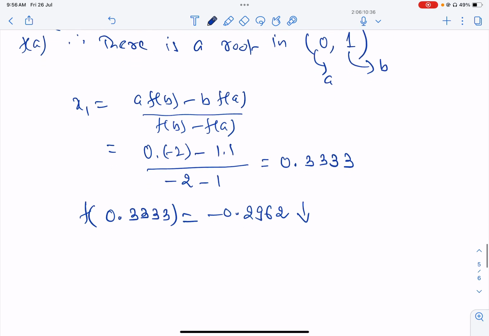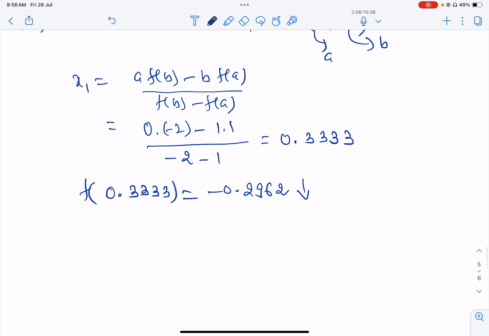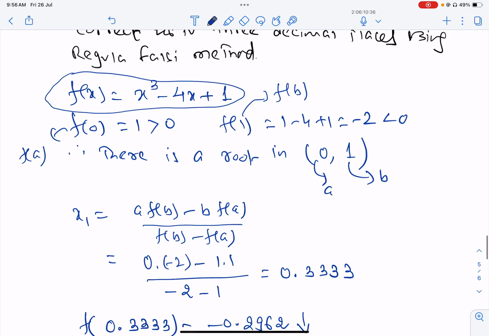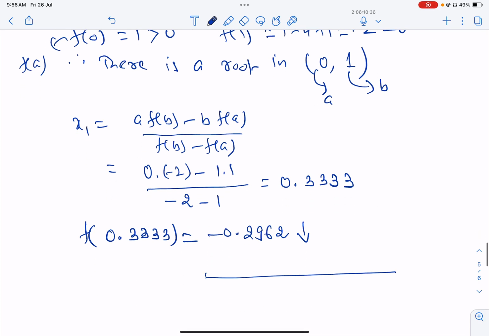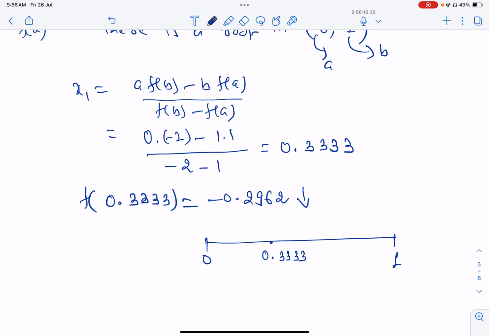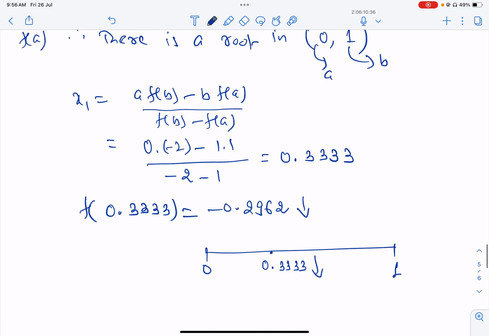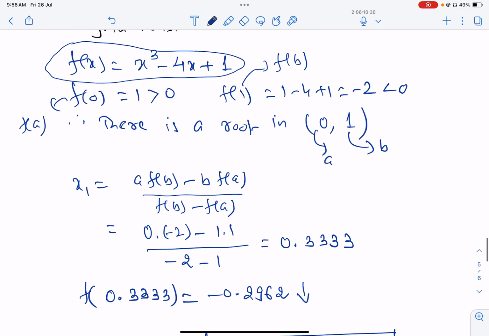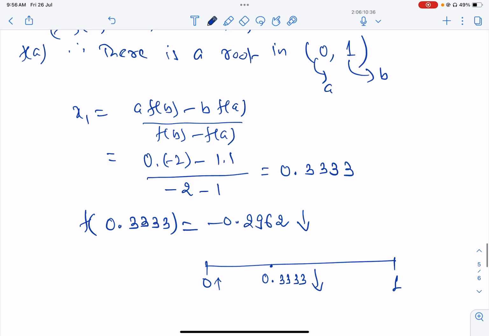So now you have like this. Our A was 0, B was 1. This is x1, 0.3333. Now f of x1 is negative, f of 0 is positive, f of 1 is negative.